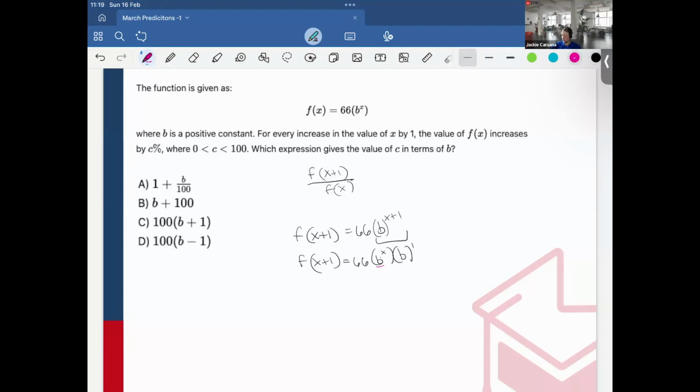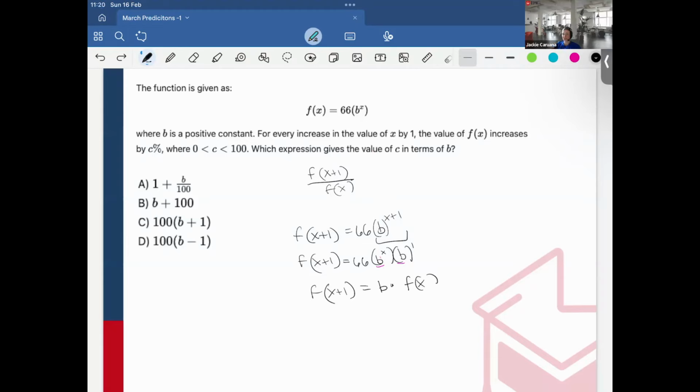You see, this same base, multiplying exponents, we would add the exponents. So basically, I can say that f of x plus 1 is basically b being multiplied by f of x. Why is that? Because f of x is 66 times b to the x. So just substituting that in here, it's another way to understand the function.